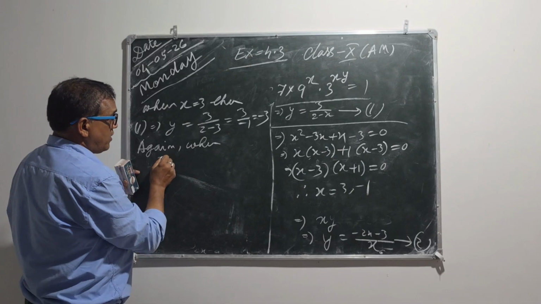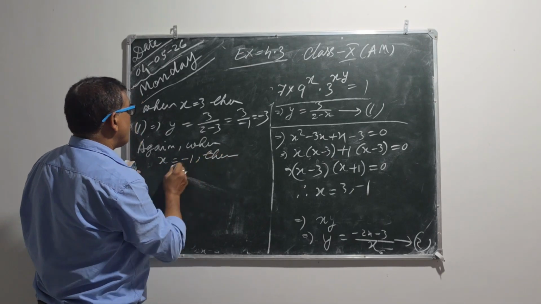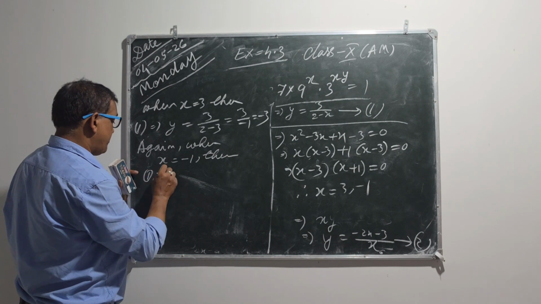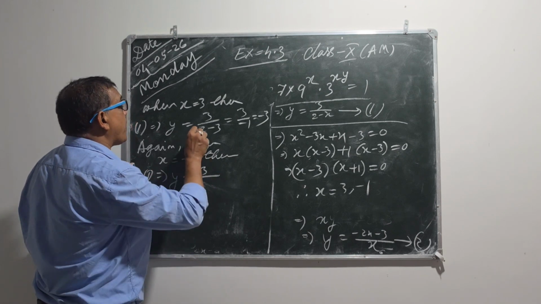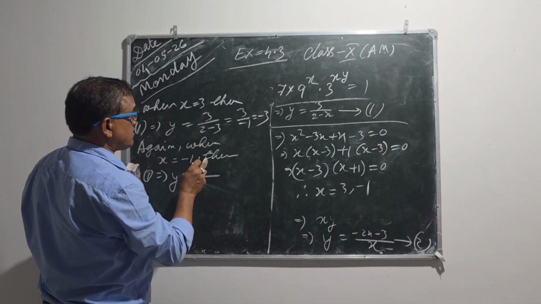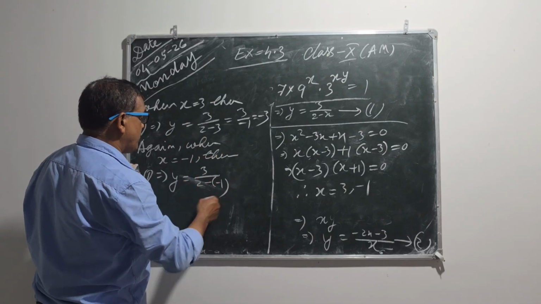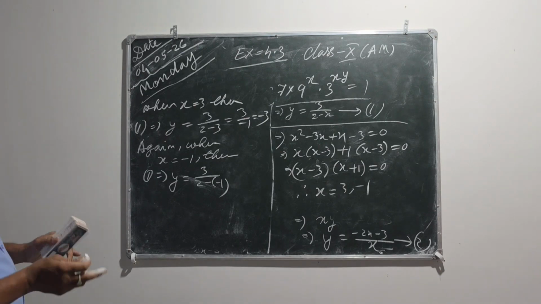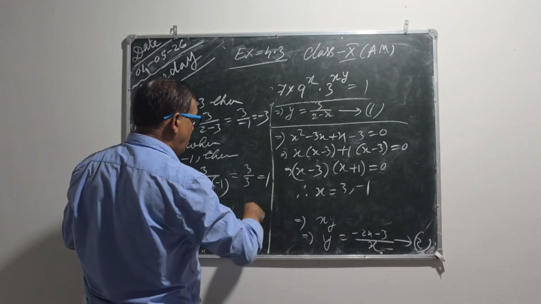Again, when x equal to minus 1, then from 1, y equal to what? 3 divided by the value of x. The value of x is 2 minus of minus 1. So it will be 3 by 3, that means 1.